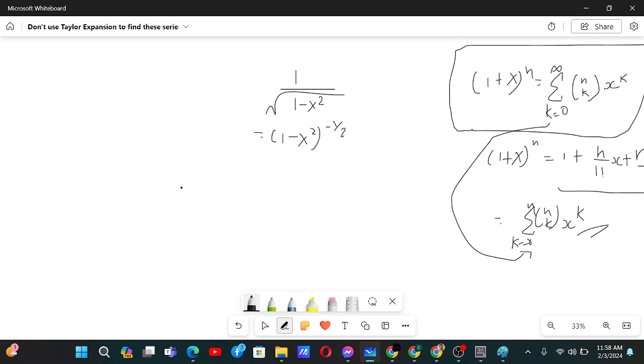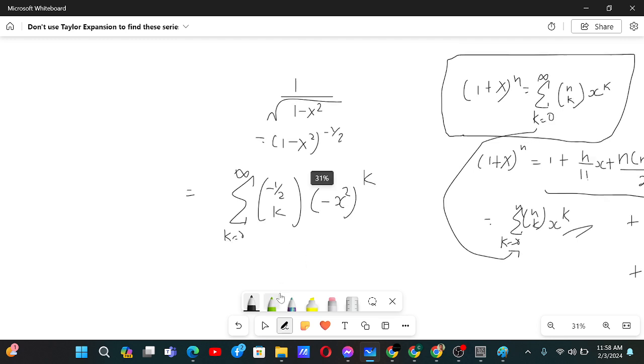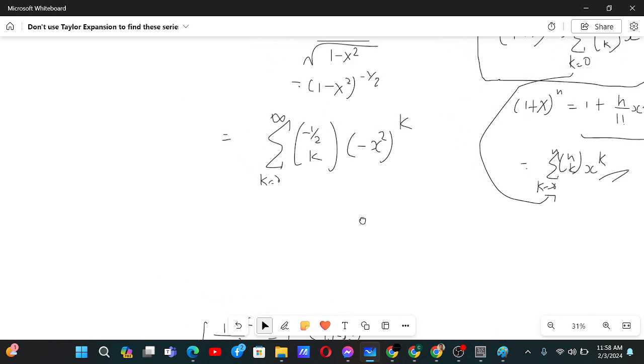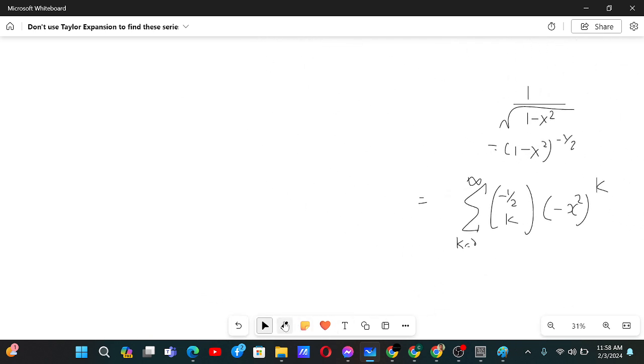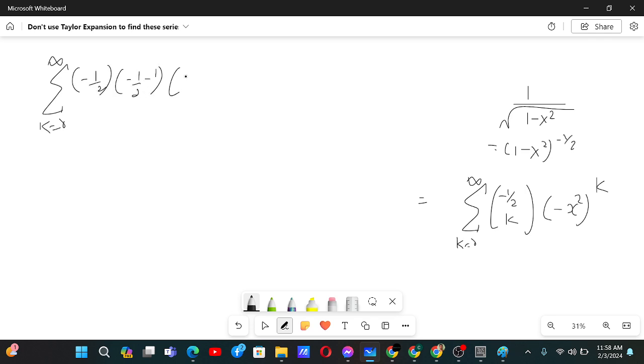We have that, and now we have the sum from k equals 0 to infinity. Over here n is minus 1 by 2. We have minus 1 by 2 choose k, and then we have minus x squared to the power k. Now for this, minus 1 by 2 choose k, what that means is we will just keep on subtracting 1 and 2 and so on.